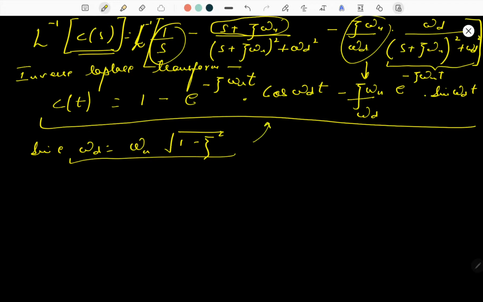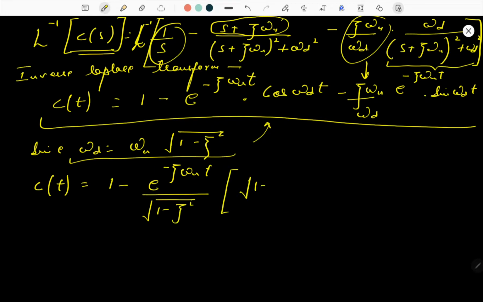In this equation, if we put this value and do some simplification, we will get 1 minus e to the power minus zeta omega n t divided by under root of 1 minus zeta square, in bracket under root of 1 minus zeta square cos omega d t plus zeta sine omega d t. Okay, so this is what we are getting.